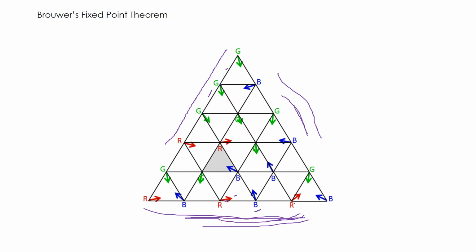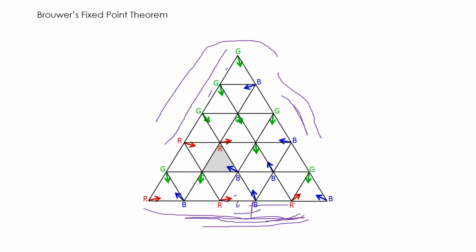It cannot ever be colored green because it cannot move in this direction. It cannot move away from the edge. So the conclusion is this labeling is proper.